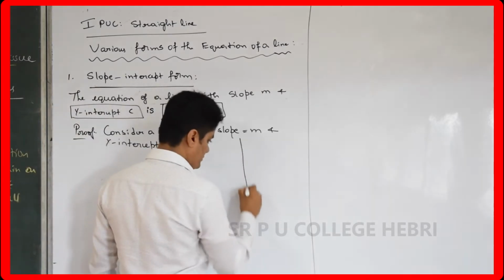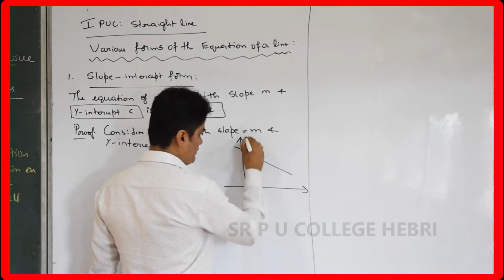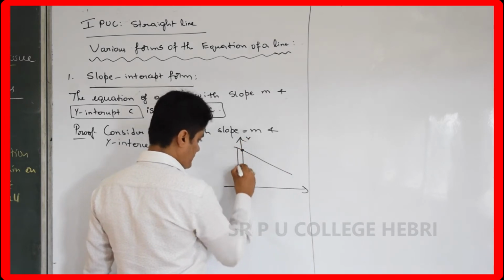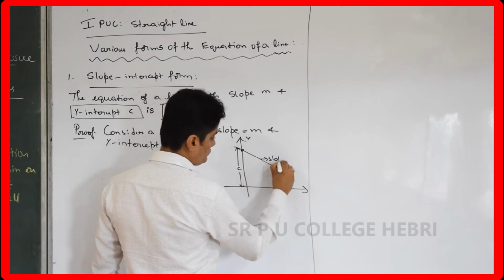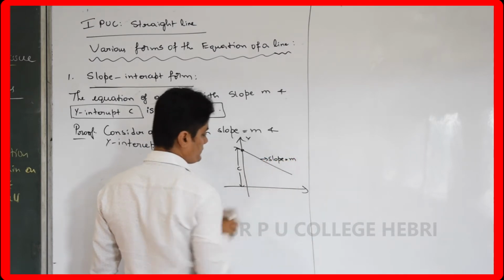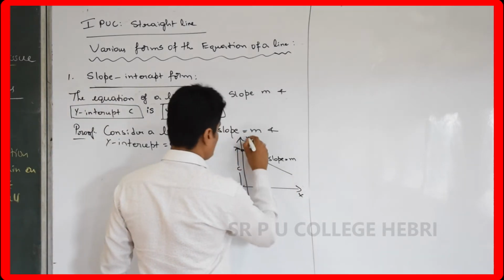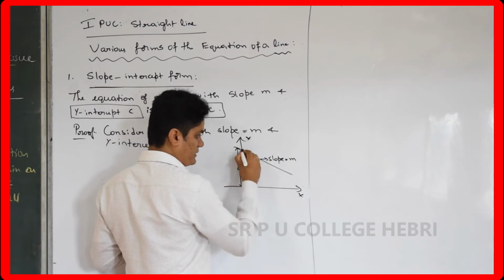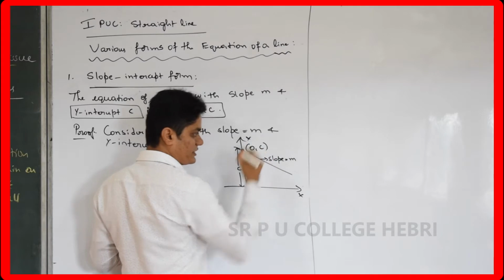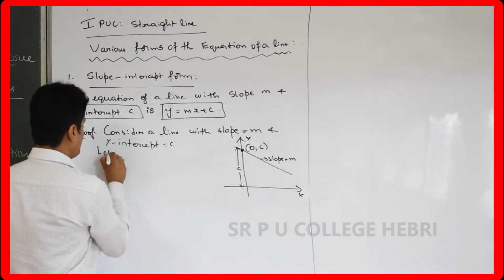One simple diagram has to be drawn. This line cuts the y-axis, so this distance is c, and its slope is m. This is the x-axis, this is the y-axis. The distance is c, so what are the coordinates of this point? Since it is on the y-axis, its coordinates are (0, c).